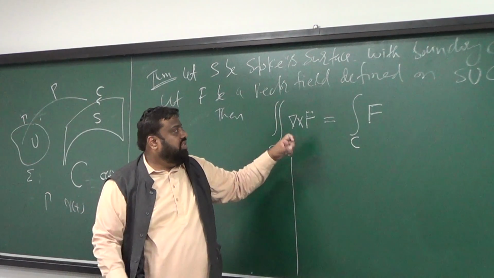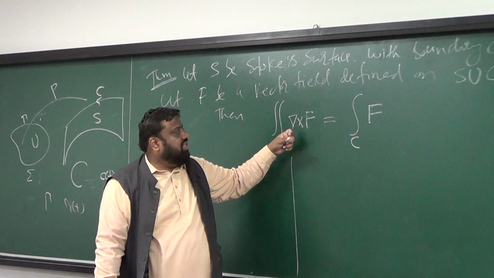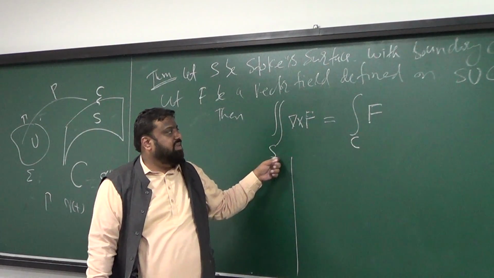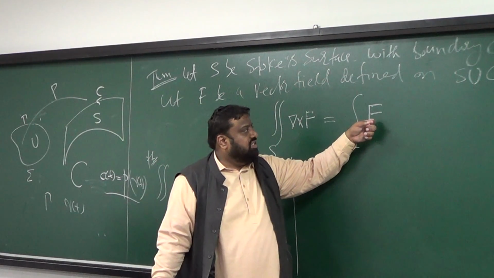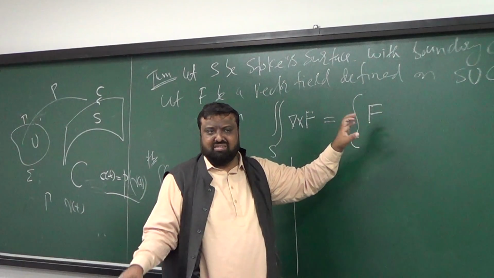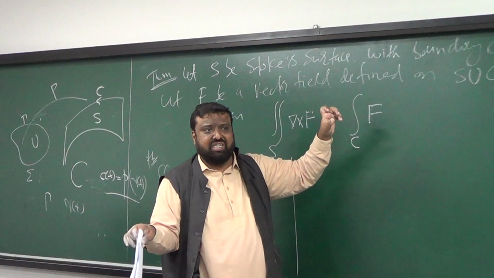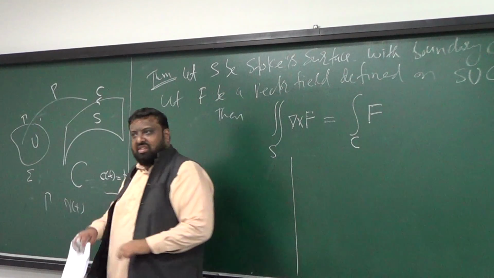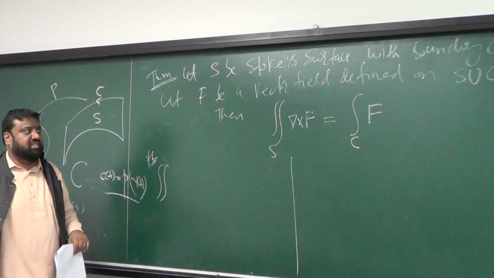So the net curl of f onto the surface is the same as the circulation of f, roughly the curl of f, not really the curl, but circulation is a better word, of f along the entire curve.